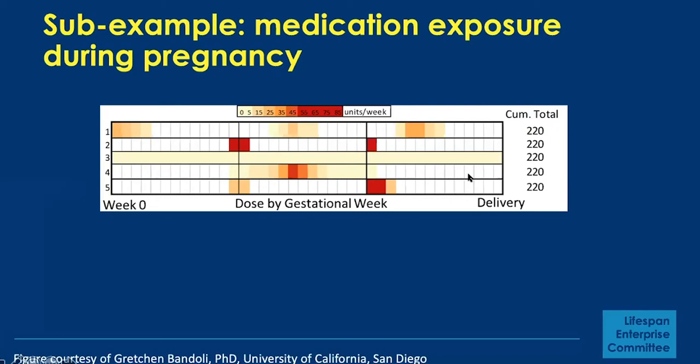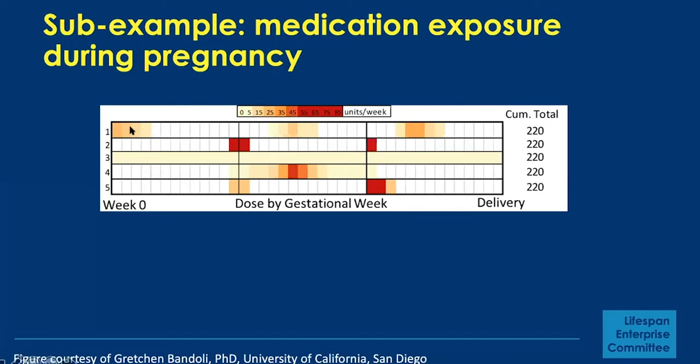And we have a heat map of the dose for each gestational week, with the heat map legend in the color above, with yellow indicating smaller, lower doses, and the red indicating higher doses. And we're talking about cumulative dose here.